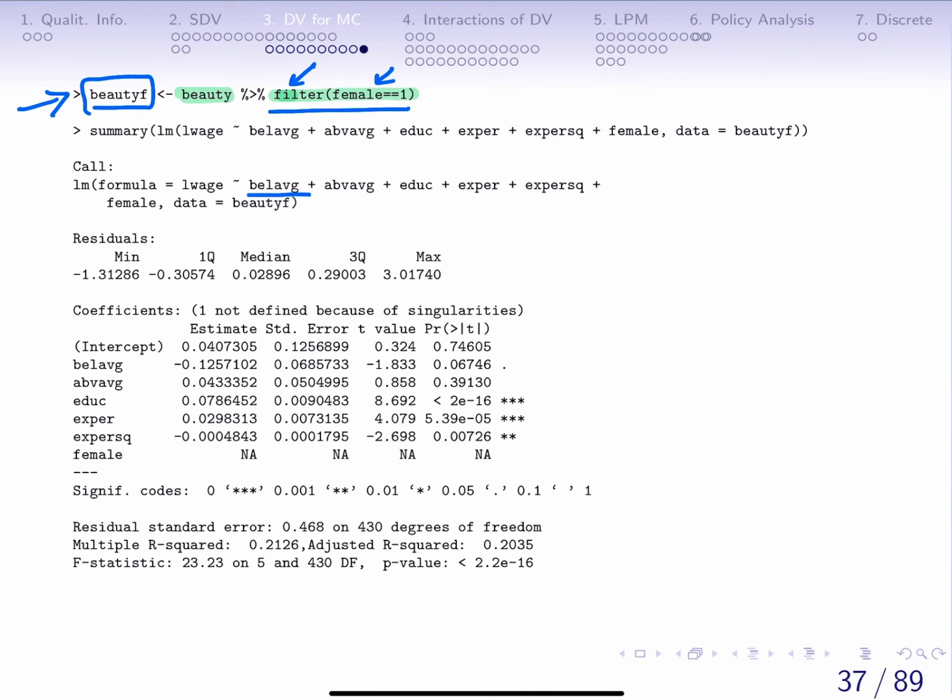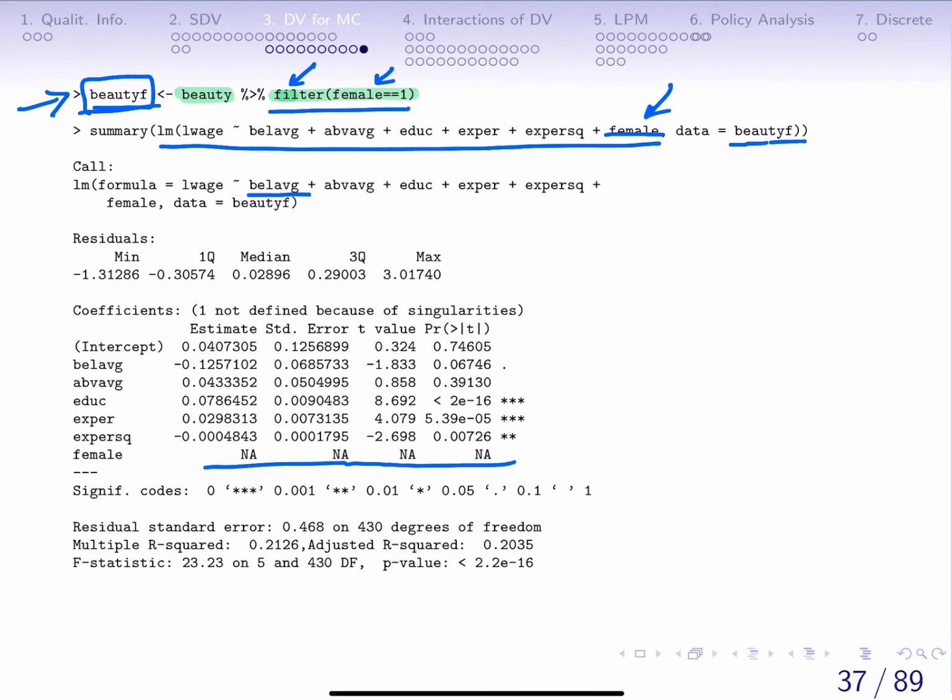The other way you could do this is by subsetting your data. Oh, we'll see that later anyway. So anyway, we created this and now we're just regressing this on beauty females, right? And of course, I did not need to include females because this is redundant. So you see, notice here that it says NA.